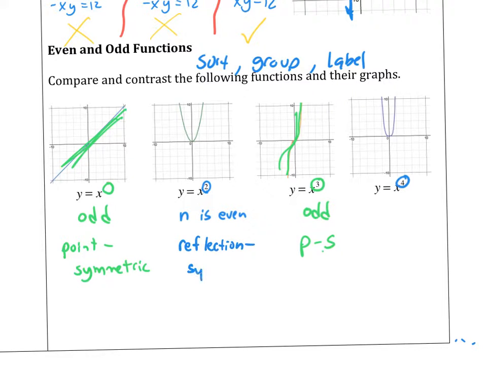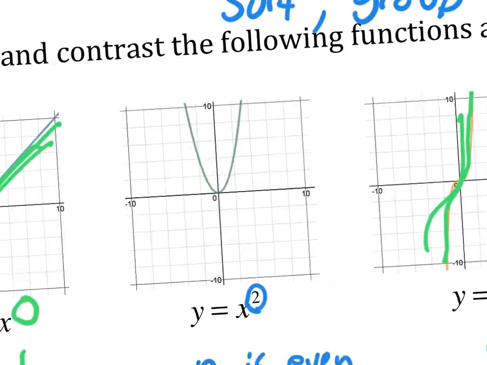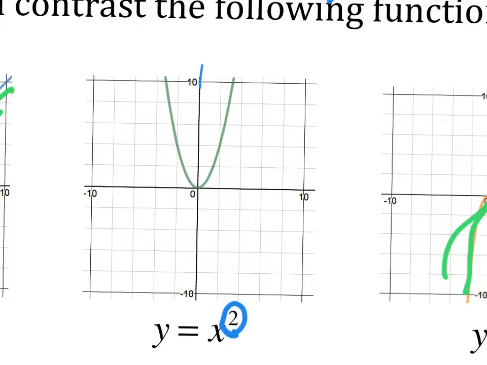Reflection-symmetric. All right, as is that one. And if you were to zoom in, we can see quickly here that it's on the axis, but it doesn't necessarily have to be the axis every time. It just reflects across that particular axis there.